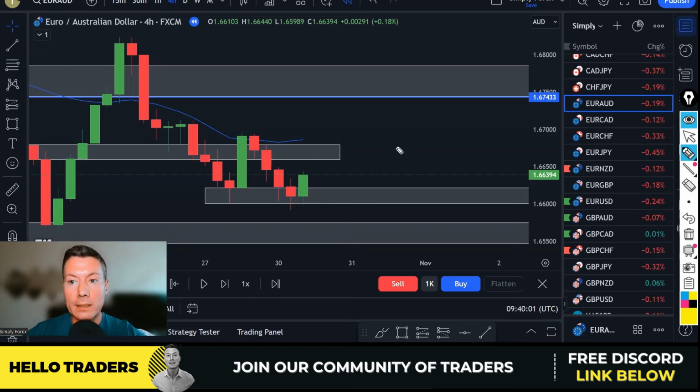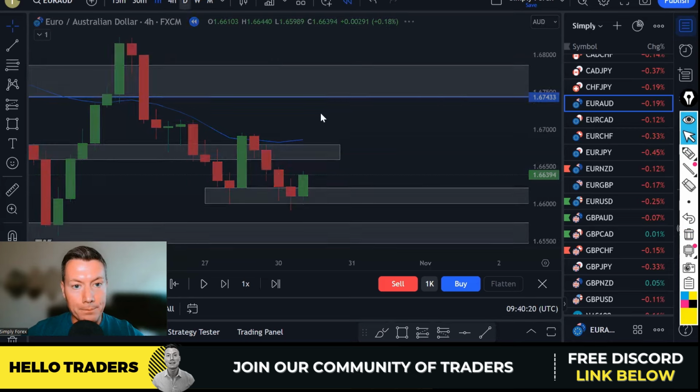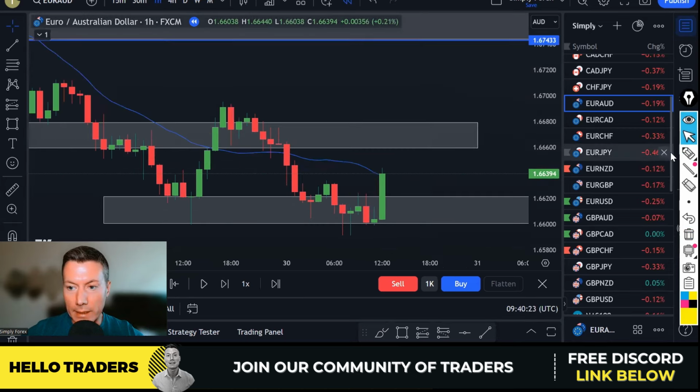So it still goes back to what I first said. I'm still looking at market structure and trend. I'm looking at support and resistance, candlesticks, and value. I'm still looking at the same things, just on different time frames. So if we look at the H1, market structure is in an uptrend.